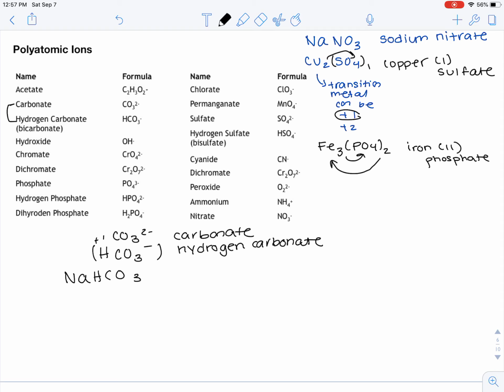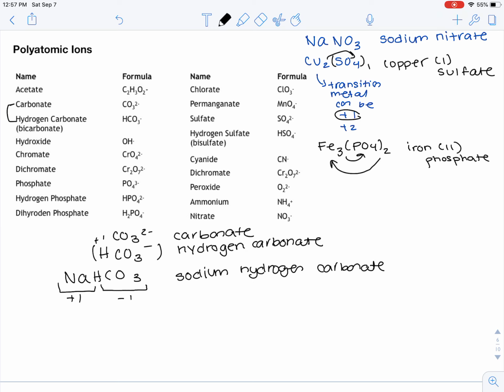You'd identify, all right, I have a +1, my metal here, and then this has to be my polyatomic ion. So this would be sodium hydrogen carbonate. And this can apply to all of the polyatomic ions, knowing that every single hydrogen that you add is a +1.